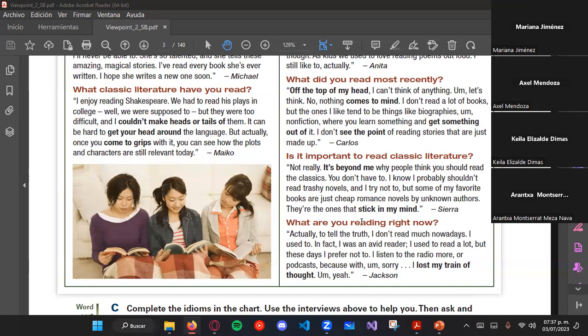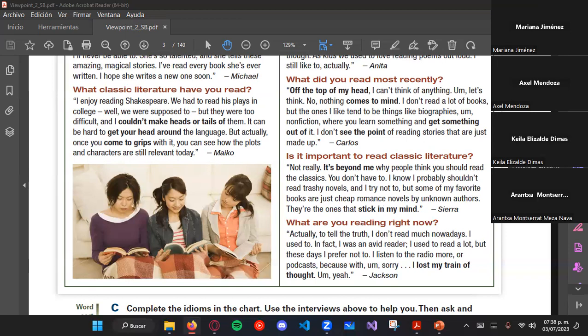In fact, es igual de hecho. I don't know what is the meaning of avid. Avid is like ansioso, entusiasta. I was an avid reader means que era un lector entusiasta.